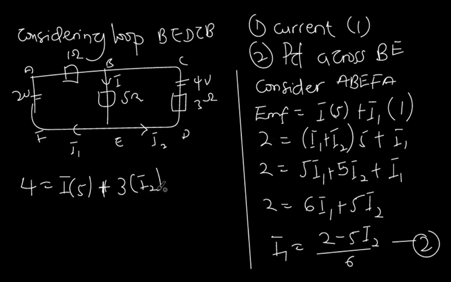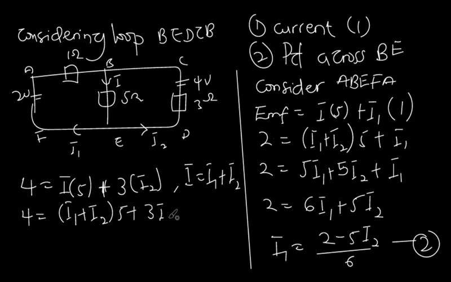Okay, but then we said earlier on that I is equal to I1 plus I2. So that is the equation 1 we had, so let's input it here. So we have 4 is equal to I1 plus I2 multiplied by 5, plus 3I2.